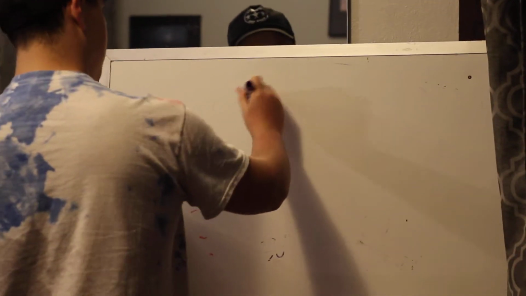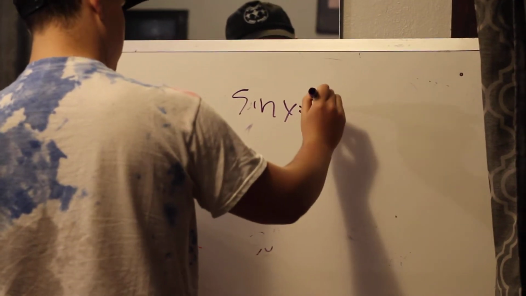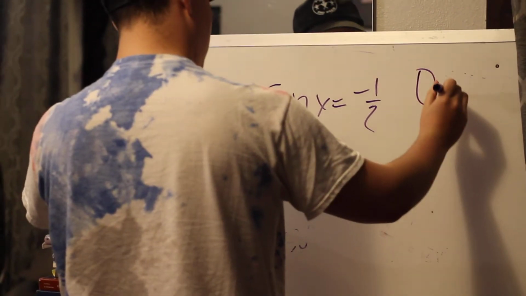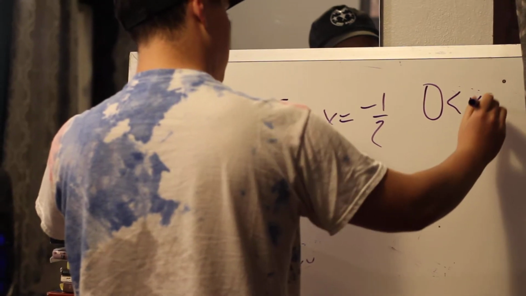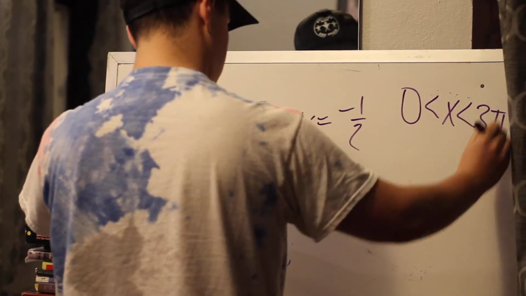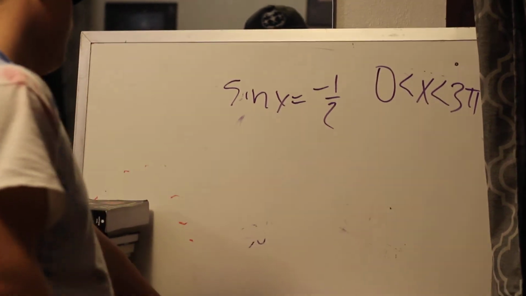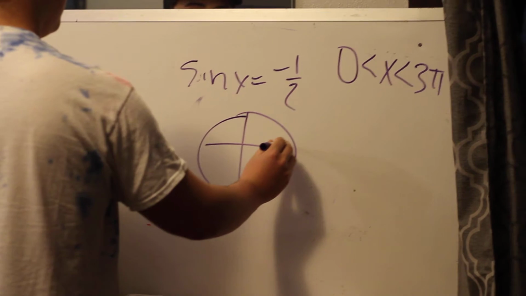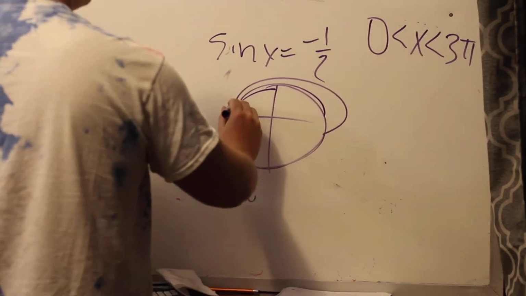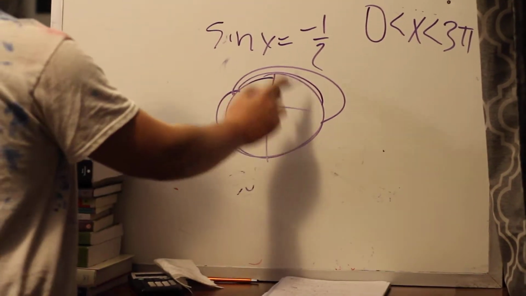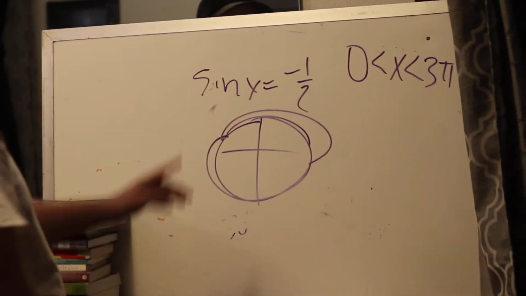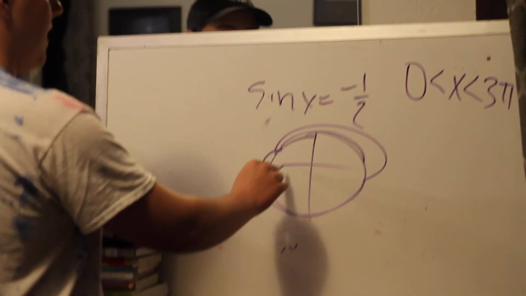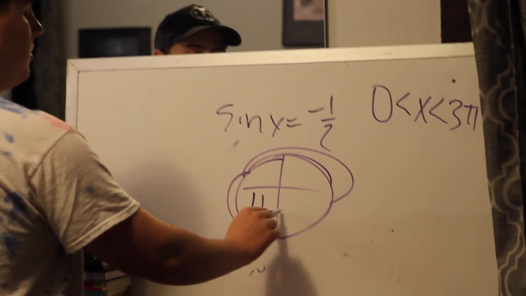We are solving sine x equals negative 1/2 with the domain of 0 to 3 pi. If we draw our unit circle and we see our domain, 3 pi, 1, 2, 3, it's one full rotation and a half. But if we look at sine of x equals negative 1/2, we know that it has to be down here, right?